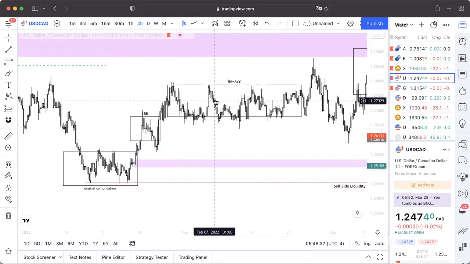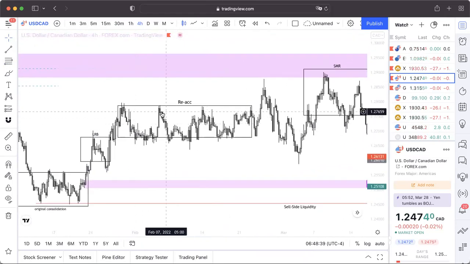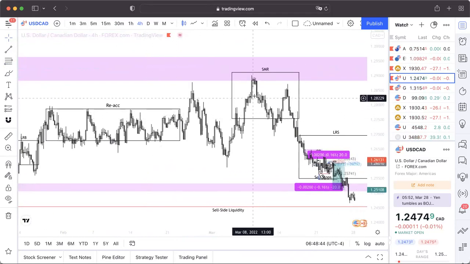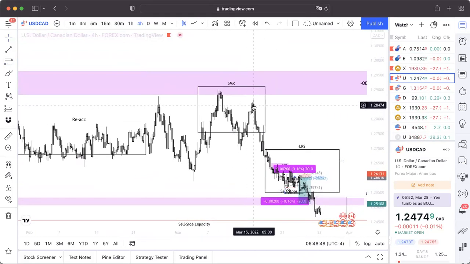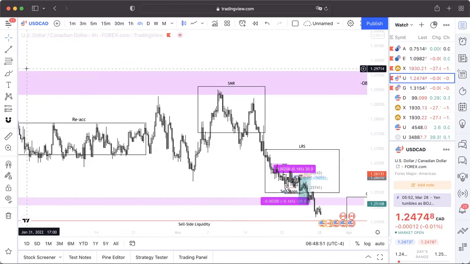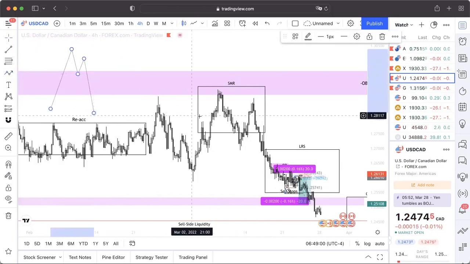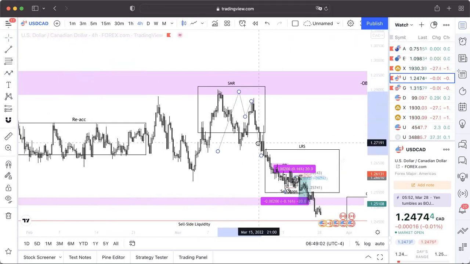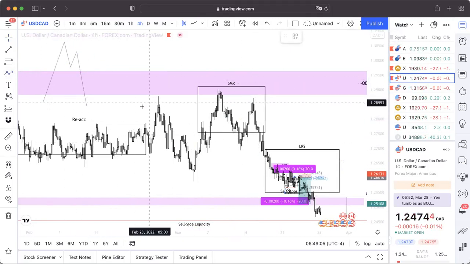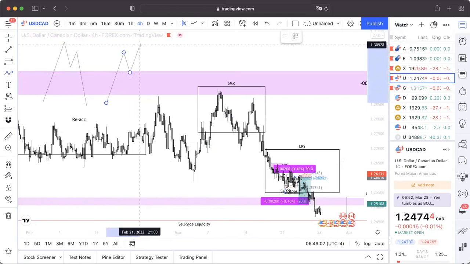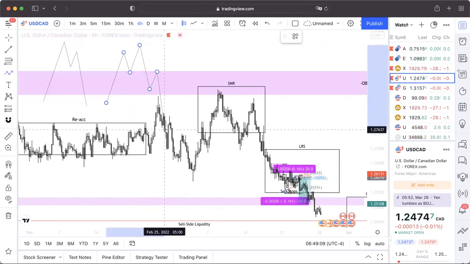And again, now the consolidation. This was the reaccumulation phase, and here we had the smart money reversal. Same thing as I said. It can be two types of things. The smart money reversal can either be this one, which is seen there, or it can also be the breaker, which would look like that.